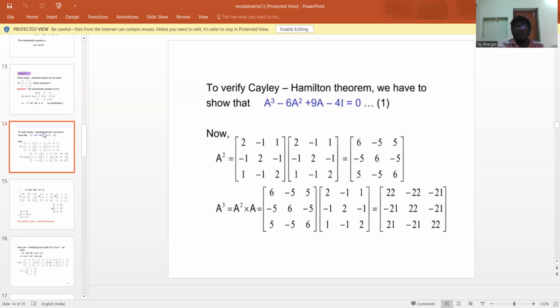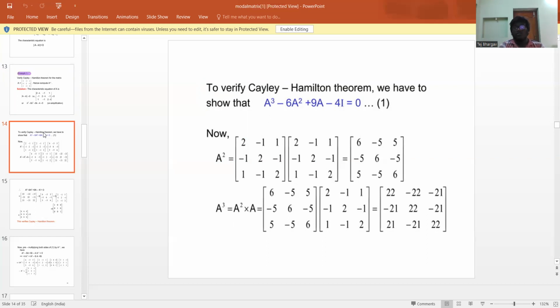To verify the Cayley-Hamilton theorem, we have to show that A cubed minus 6A squared plus 9A minus 4I is equal to 0. Now A squared is equal to A times A, which is the matrix 6, minus 5, 5, minus 5, 6, minus 5, 5, minus 5, 6.